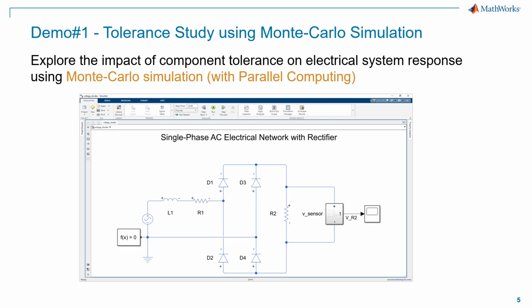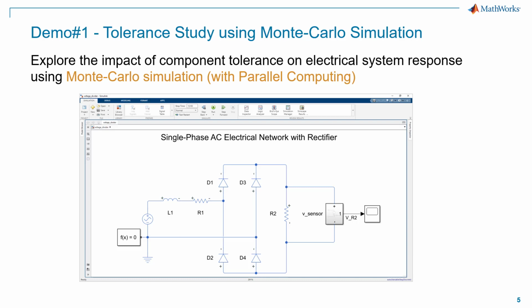When designing the electrical systems, the impact of component tolerance should be evaluated. The main challenge with such an evaluation is that many simulations need to be performed to get a statistical measurement of the impact. So in this demo, I will walk you through a workflow for automating the execution of Monte Carlo simulations of an example electric network as shown here.